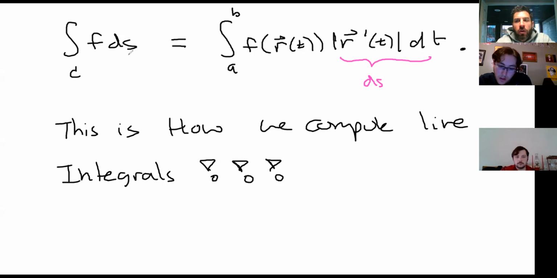Notice that you're starting to see now why integrals have the notation that they do. The ds, this differential, is telling you what we are integrating over. In Calc 1, when you did dx, you're integrating over the x-axis, or I guess you could think of it as an interval or a line.